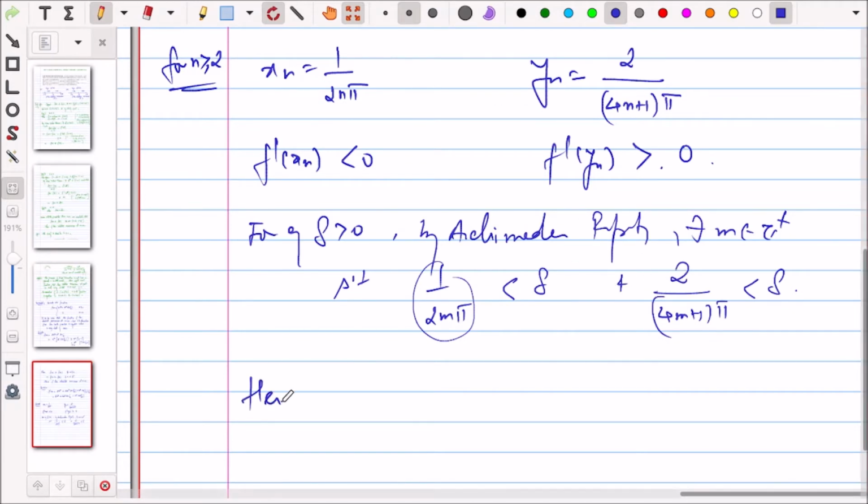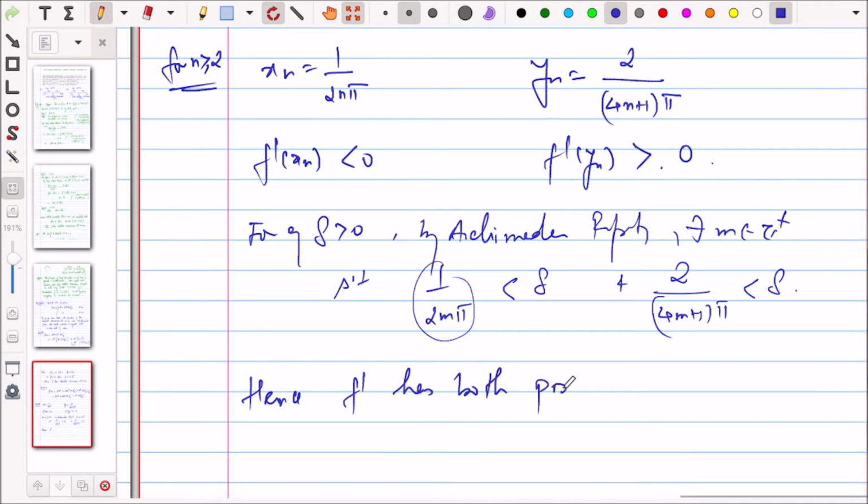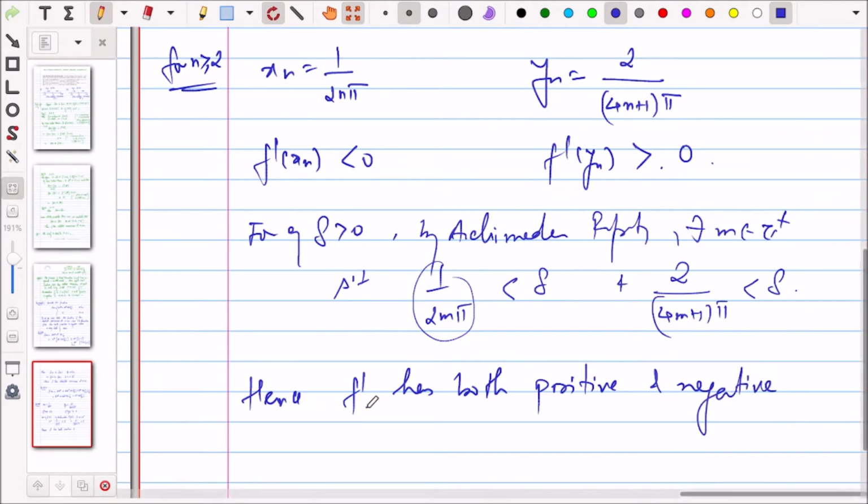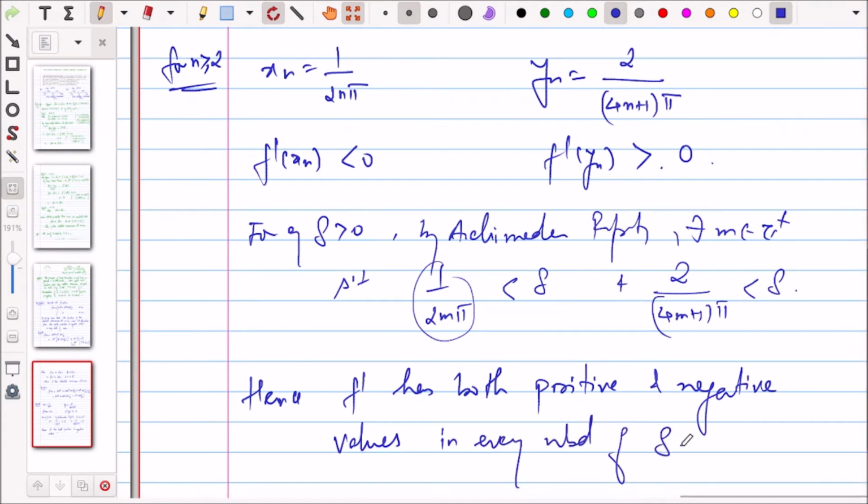So hence f dash has both positive and negative values in every neighborhood of 0. Okay, verify that it will come out to be negative and it will come out to be positive.